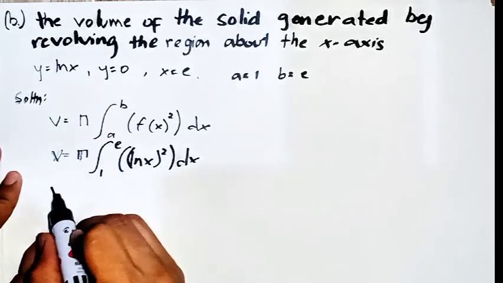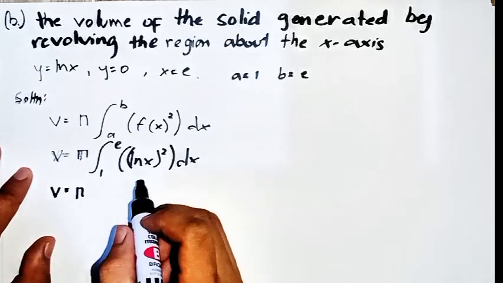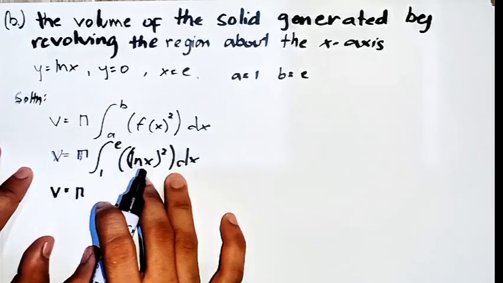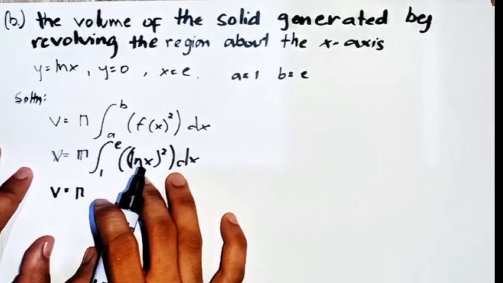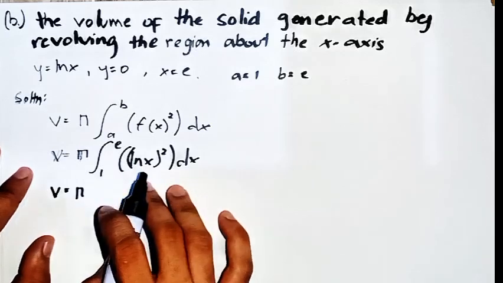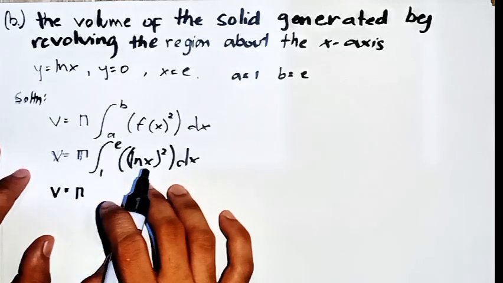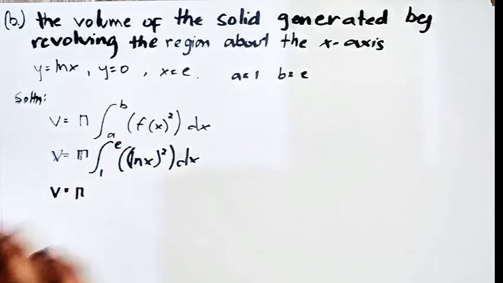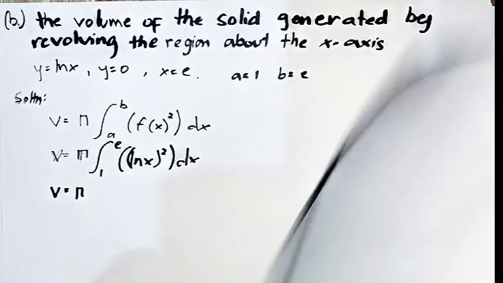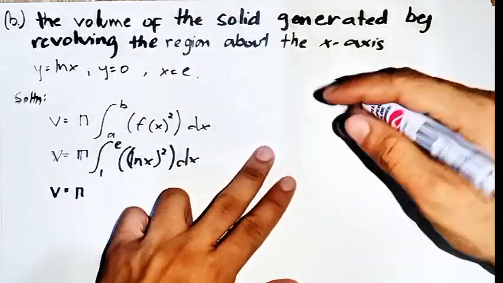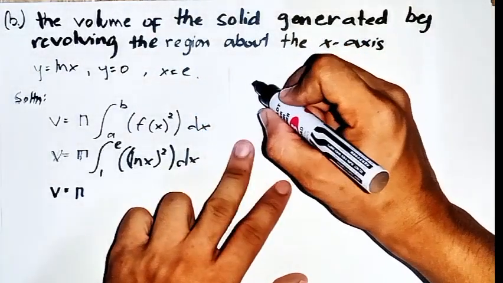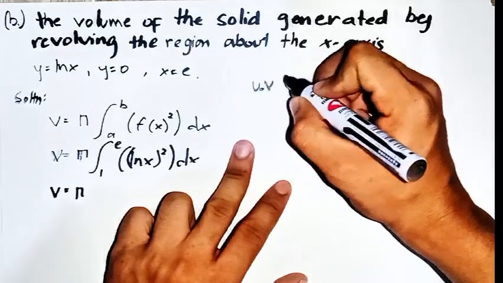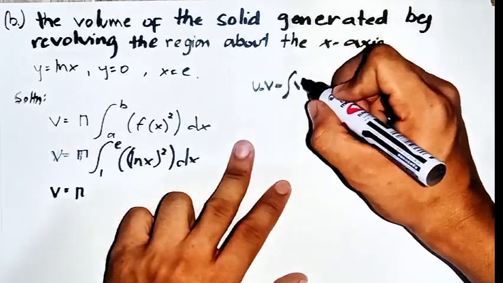Now let's integrate this ln x squared using integration by parts. Again, our formula for integration by parts is uv minus the integral of v du.